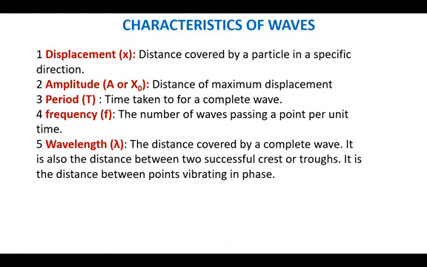It is also the distance between two successive crests or troughs, and it is the distance between 2 points vibrating in phase. When we talk about 2 points in phase, it means that their troughs or their crests are aligned. In short, they are in the same line.